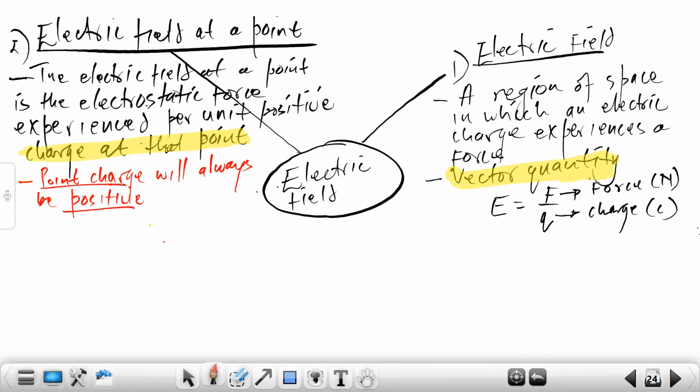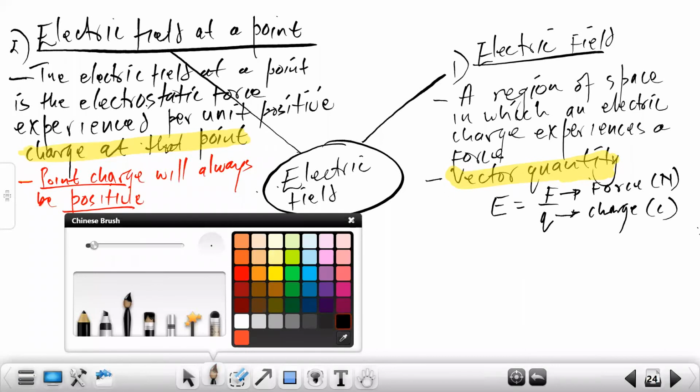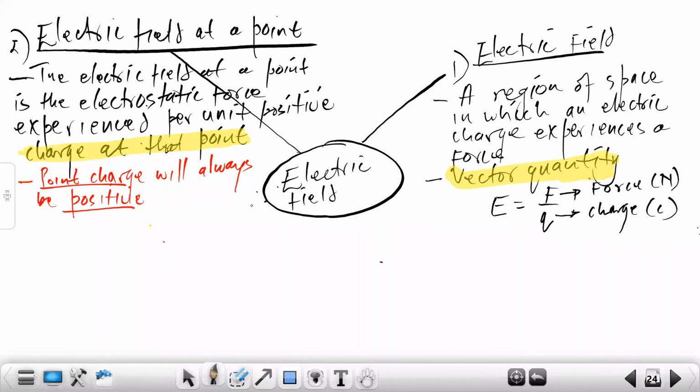The reference charge or the point charge will always be positive. Fully agree. So can we do something about the whole of this information? Yes, we can. We will be now in a position to say, let's further extend it to number 3, which is now the direction of the electric field.